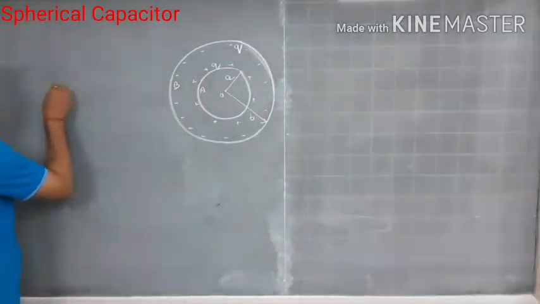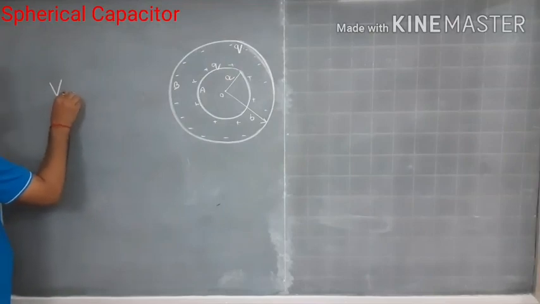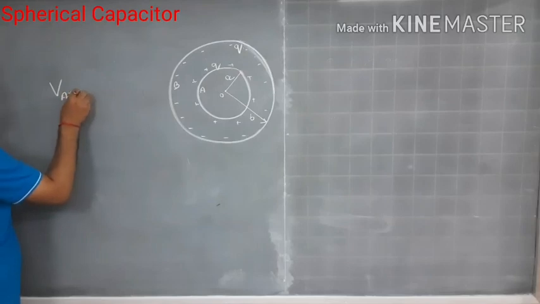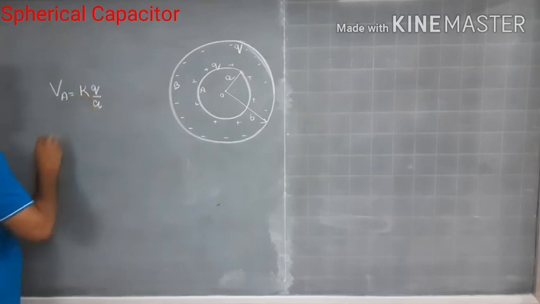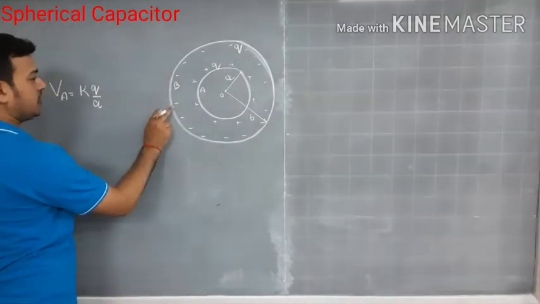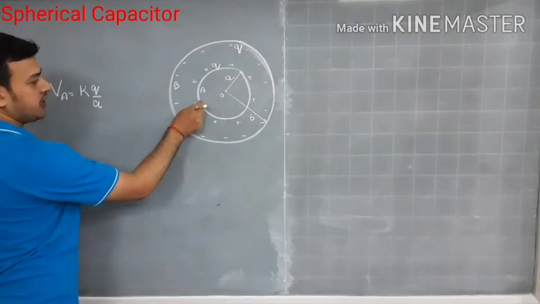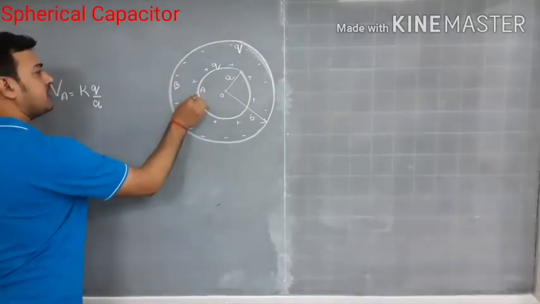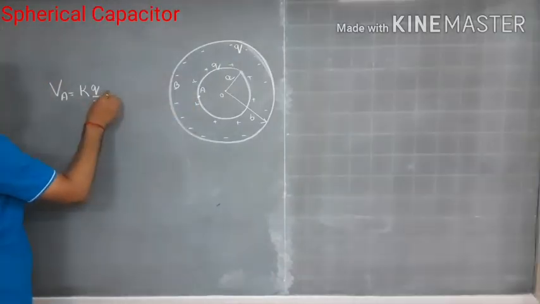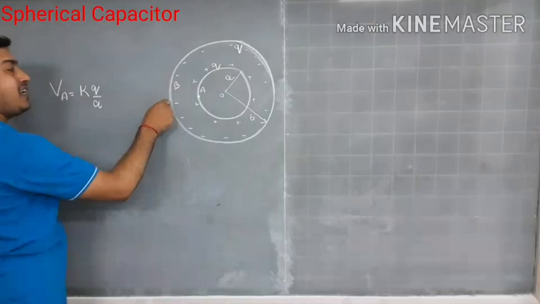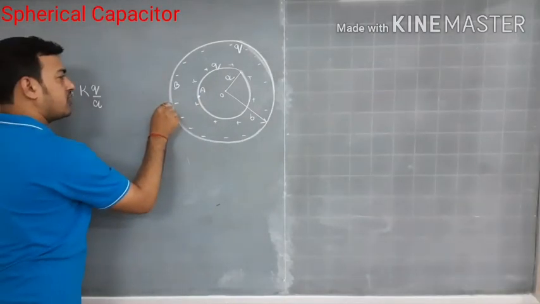So first of all, for shell A, the potential due to its own charge is K times the charge divided by radius, and then the potential of the outer shell on this shell. As this shell is outside and the point is inside, we know that the contribution of potential due to the outer shell will be the same as the potential on its surface.